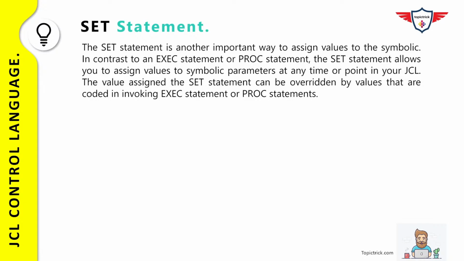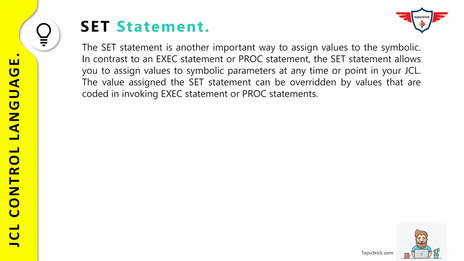In contrast to a PROC statement that assigns a default value, or a procedure-invoking EXEC statement that provides a runtime value, the SET statement lets you set the value of a symbolic parameter at any point within your JCL. But remember, the SET statement value can be overridden by any value that is assigned in a subsequent PROC or EXEC statement in that job.